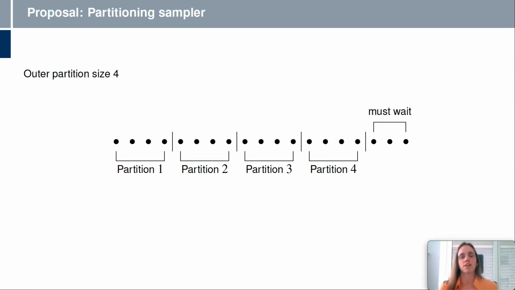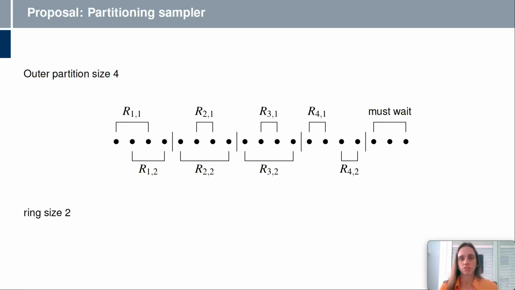And when we now have such an outer partition, we partition further into our rings according to some public randomness, might be the hash over some blocks. And with that, we get equally distributed rings. And these are also publicly verifiable.